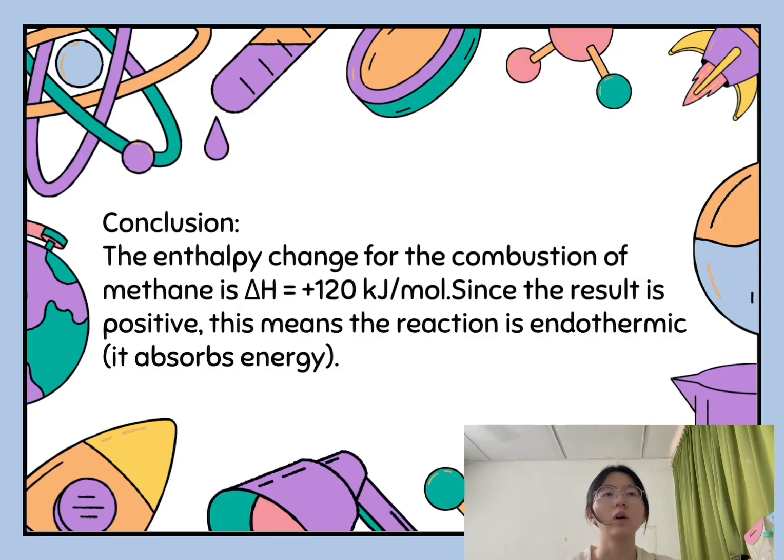From this example, we can conclude that the enthalpy change for the combustion of methane is delta H equal to positive 120 kilojoule per mole. Since the result is positive, this means the reaction is endothermic, which means it will absorb energy.